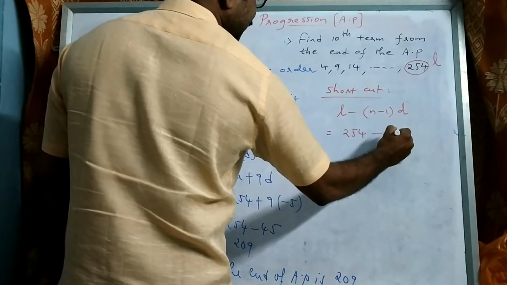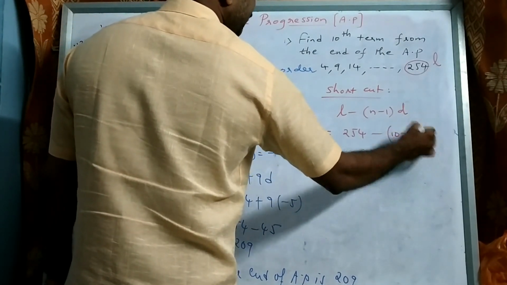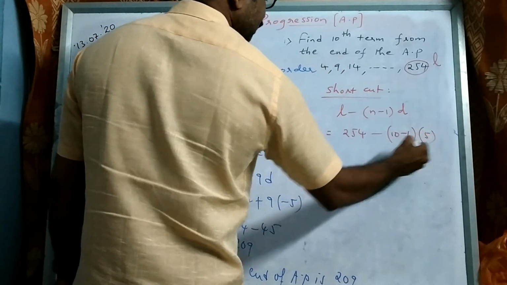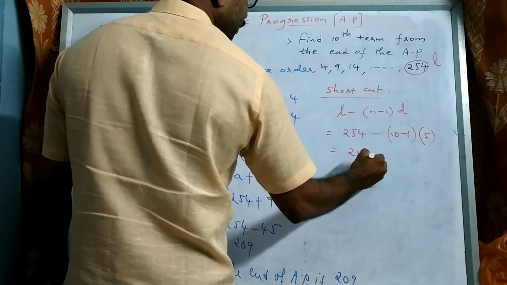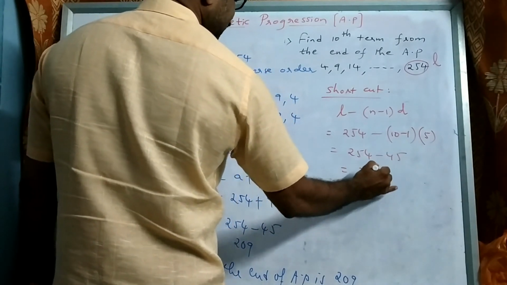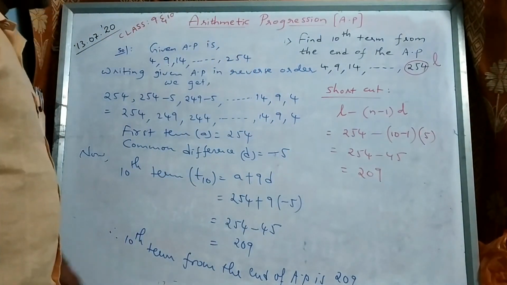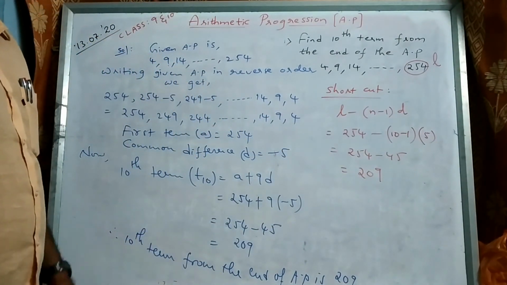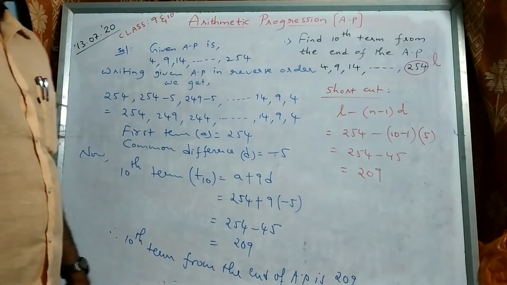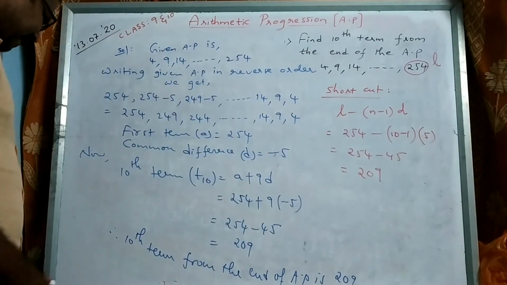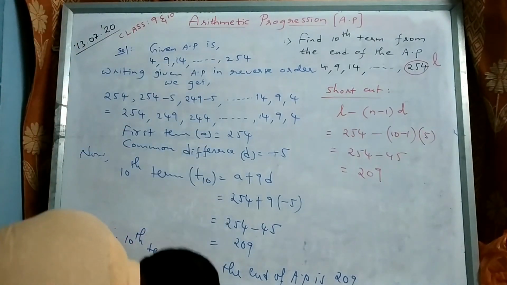The 10th term) so 10 minus 1 into D. D value 5. So 254 minus 45. How much? 209. So by using this formula, we can get the answer directly. What is the 10th term from the end of the AP? 209. That is the end of the solution.